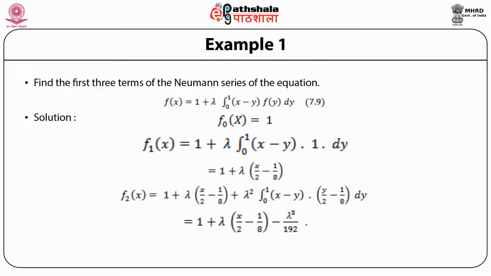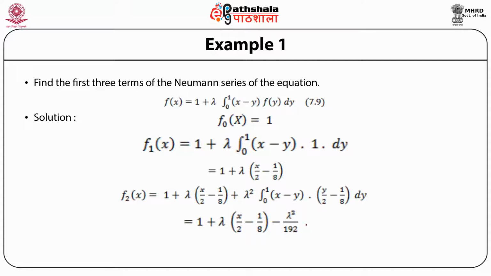Next term f2(x) is equal to f0 plus f1(x). f0(x) is 1, f1(x) is this lambda (x by 2 minus 1 by 8), plus the next term is lambda square integral 0 to 1 of x minus y. Substitute for f(y) this term, which is x by 2 minus 1 by 8, integrated over dy.